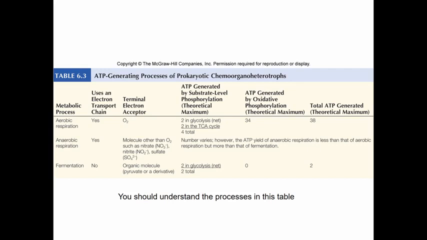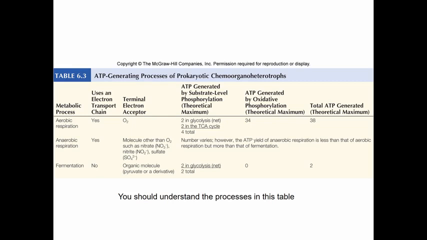Oxidative phosphorylation is where we are doing oxidation reduction reactions. We're passing around the electron, and we ultimately are going to create ATP indirectly. The direct production of ATP happens in glycolysis and the TCA cycle.